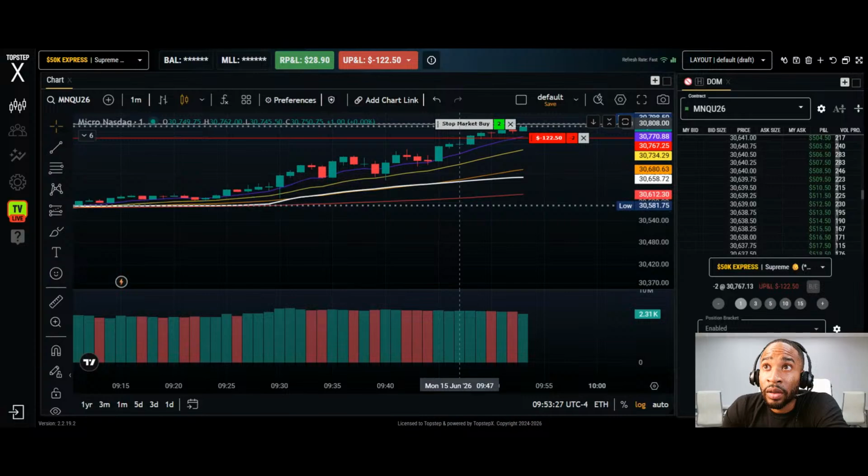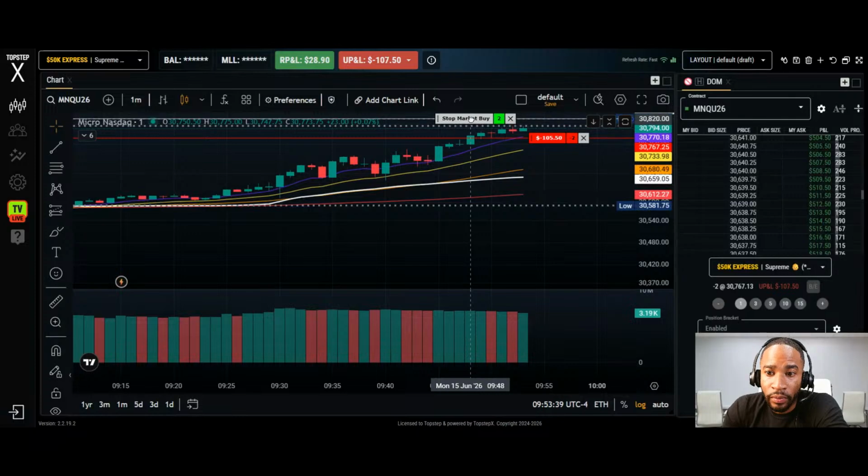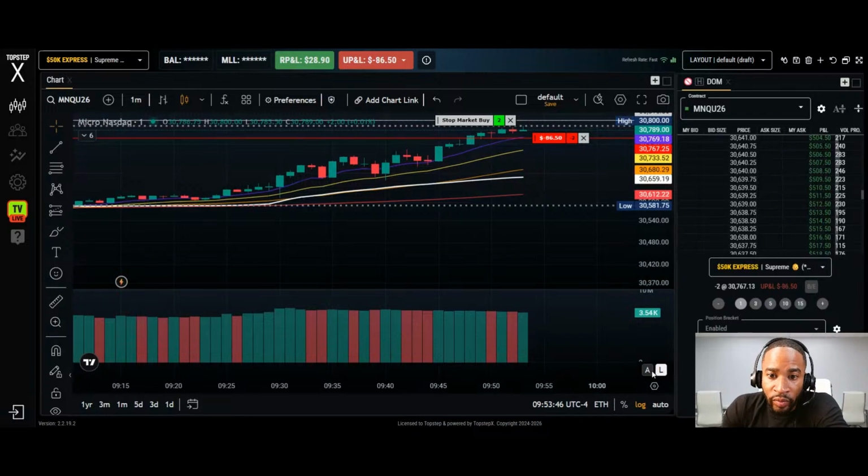It looks like we're possibly about to hit my stop loss. Hopefully we don't, and hopefully we come back down. I'm still holding my 2 contracts. I'm going to look to sell pretty soon because I've already been in this trade for an extended period. We're starting to pull back.